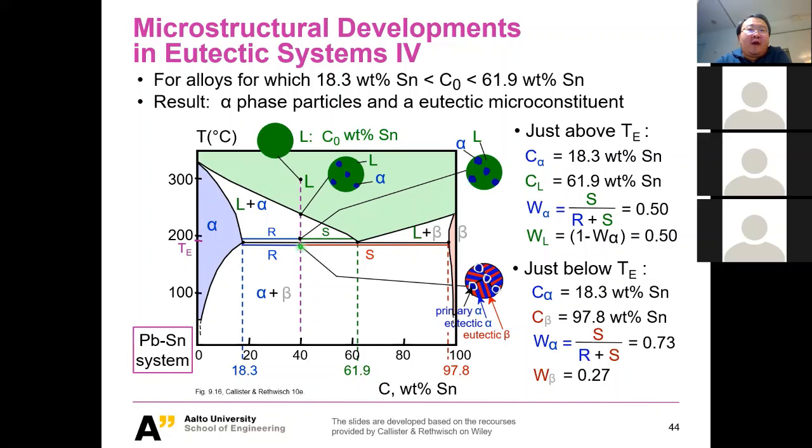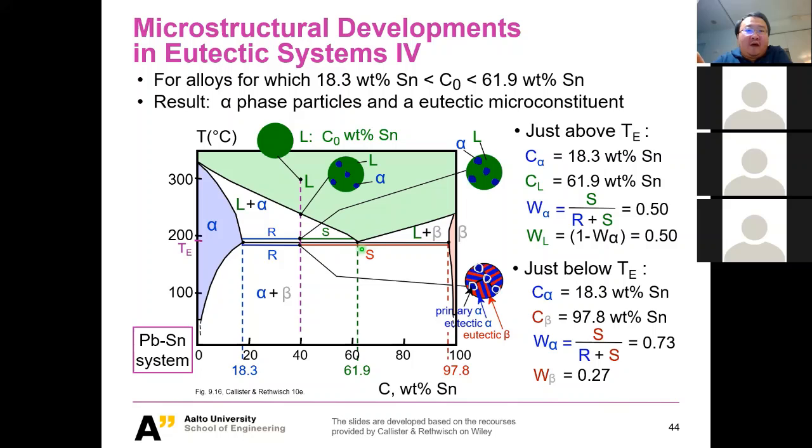When you enter here, the alpha will stay as alpha, but the liquid itself will become the eutectic composition, right here. It is alpha plus the eutectic composition. So this is the main feature.